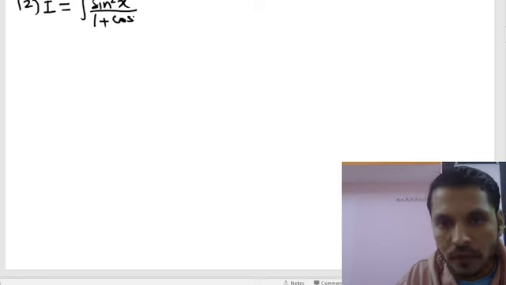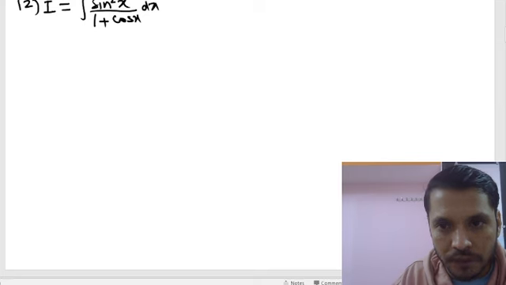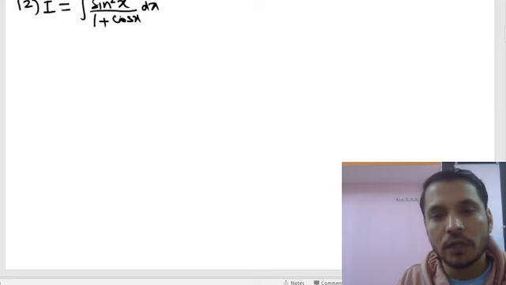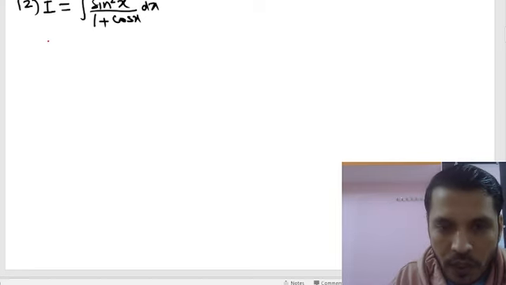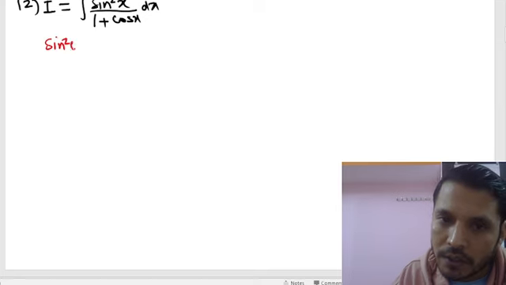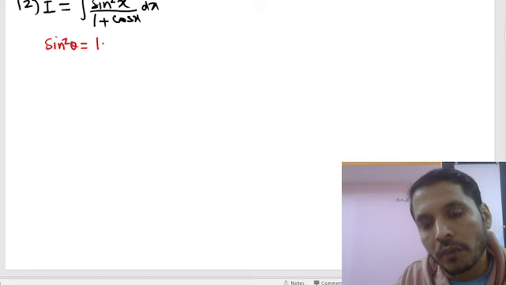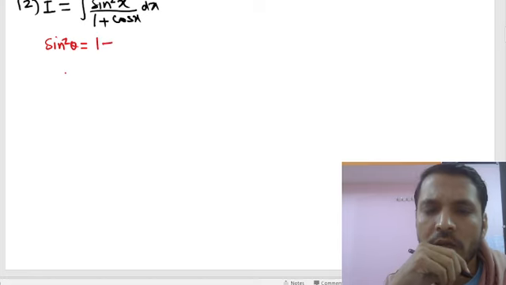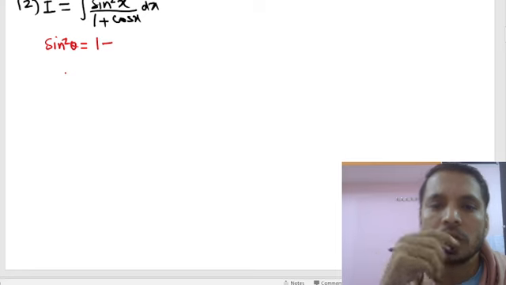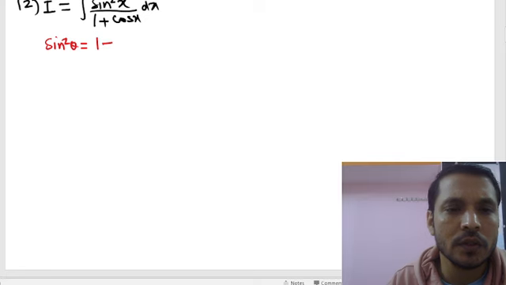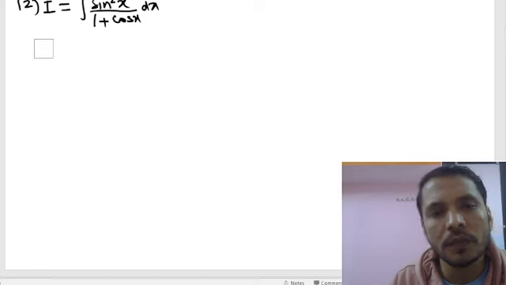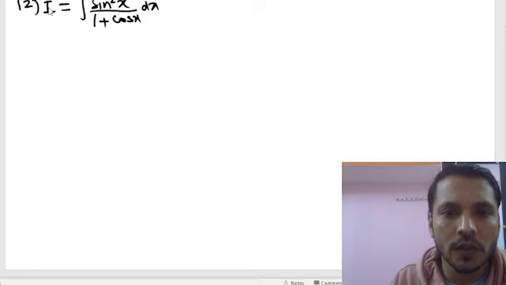What can we do here? So first we can apply the formula for the numerator and denominator, both. How? We know that sine square theta is equal to 1 minus cos 2 theta, by 2, but instead of this we can apply another formula.